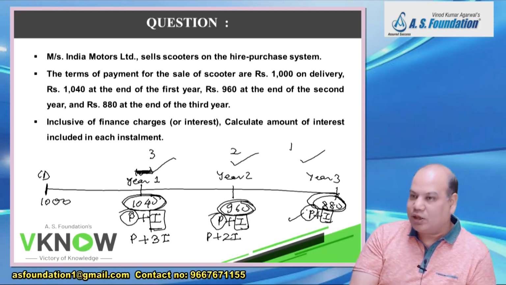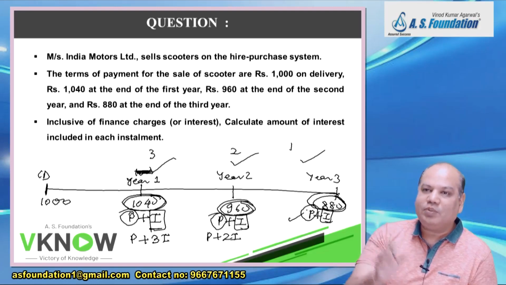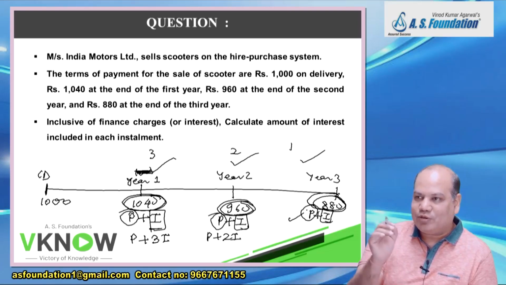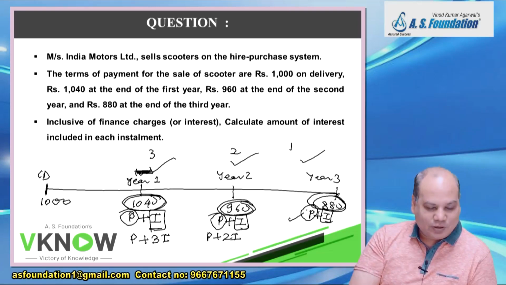P plus 3I is 1040. P plus 2I is 960. So you can find P and I by solving a simultaneous equation. Do you remember simultaneous equation? All of you know how to solve. That's it.